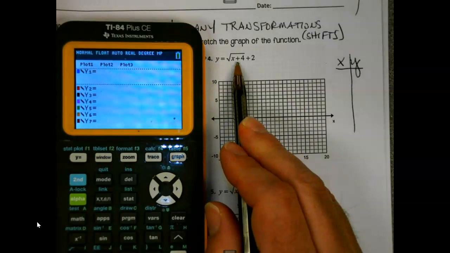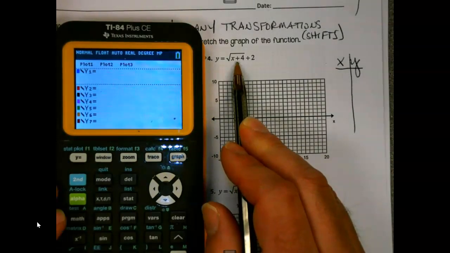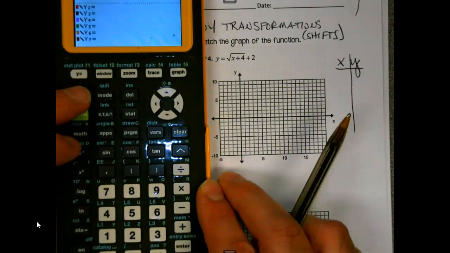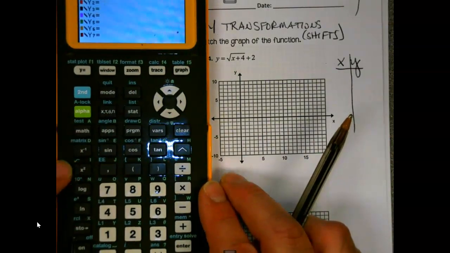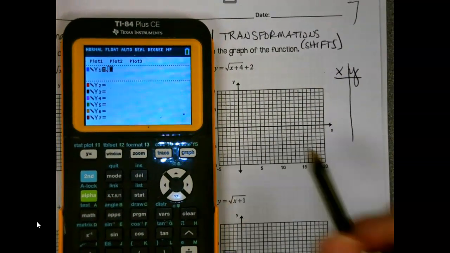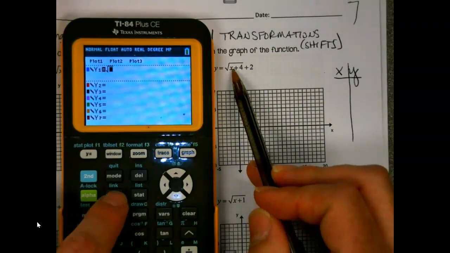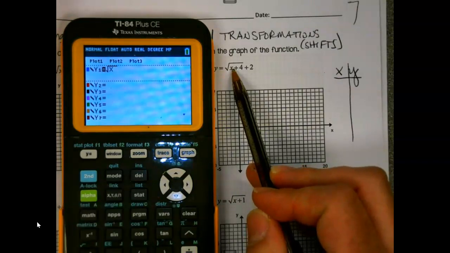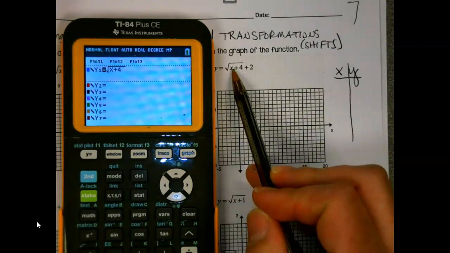So here's my expression. If you look over on the board or on your note sheet, if we hit second and x squared, there's my square root. Here's my x, the X,T,theta,n button. And I start typing.